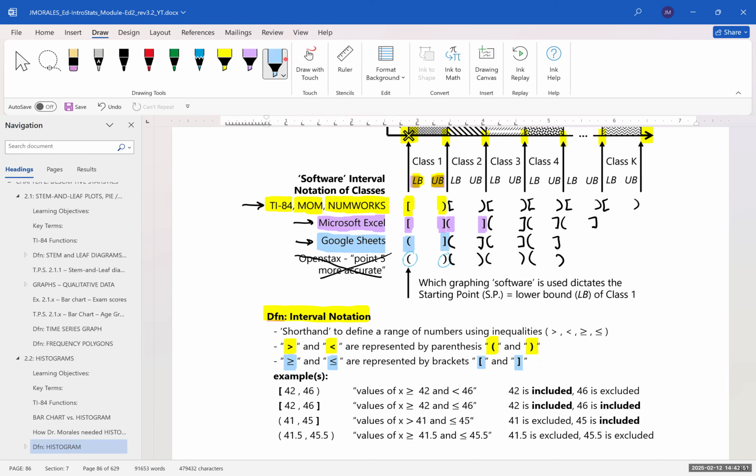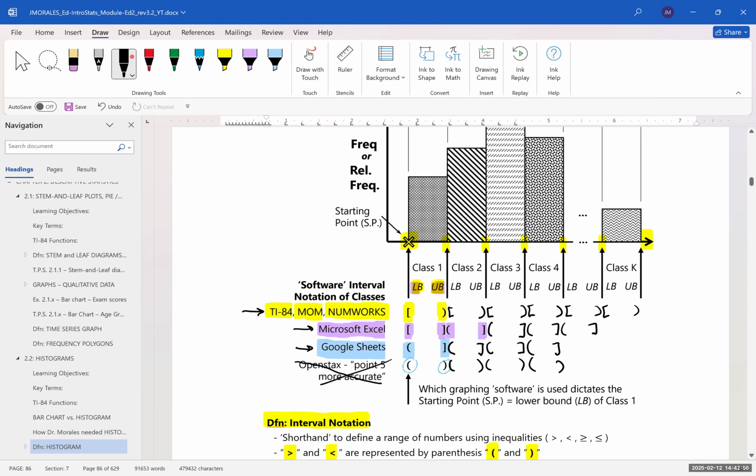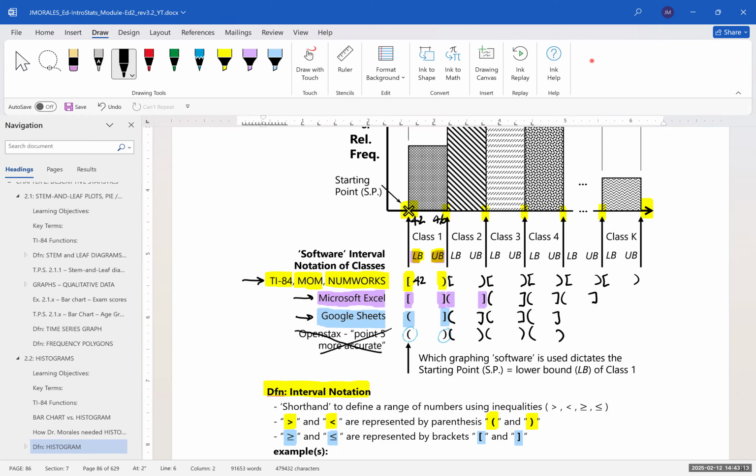So, for example, if this first class up above had a lower bound of 42 and an upper bound of 46, then you would translate that on your calculator as left bracket 42, comma 46.